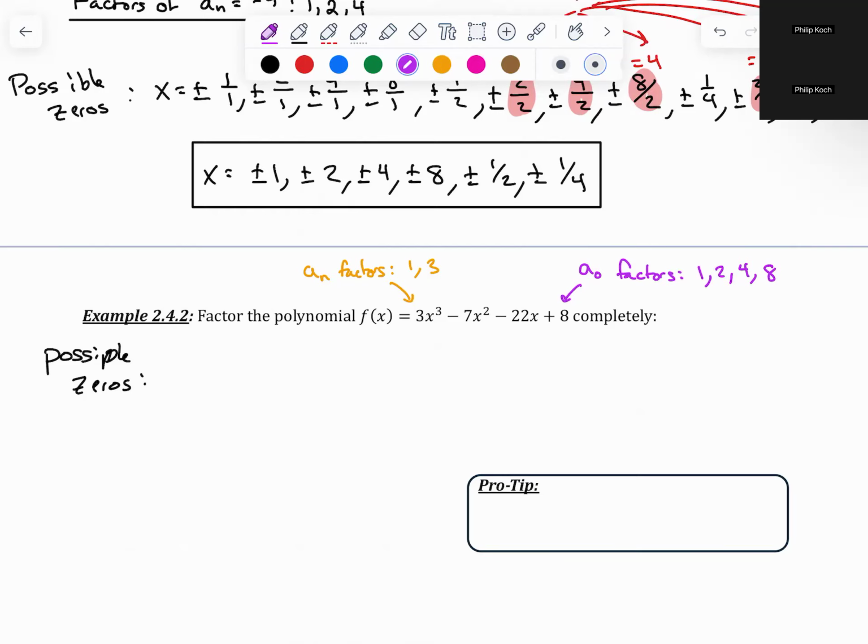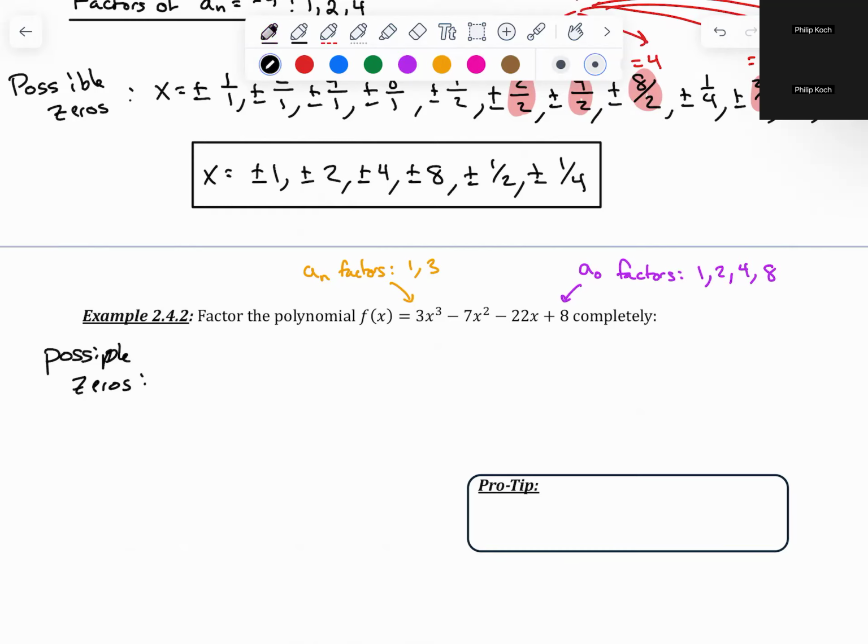So looking at it, the way we're going to do it is Pooh can Sam. So it's the A sub 0 factors over the A sub n factors. The convention is to fix the A sub n factor and then do all the different ones for A sub 0 and then move on to the next one in systematic order. But there's nothing stopping you from doing it in the reverse order.